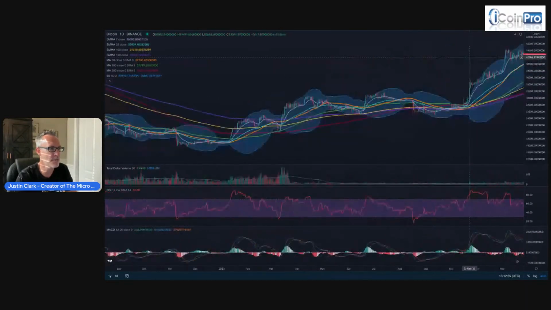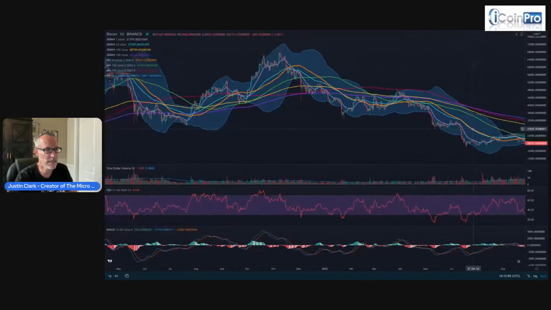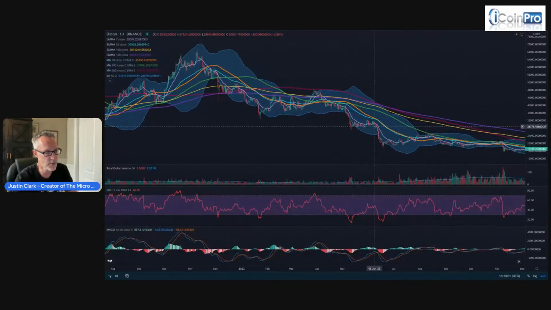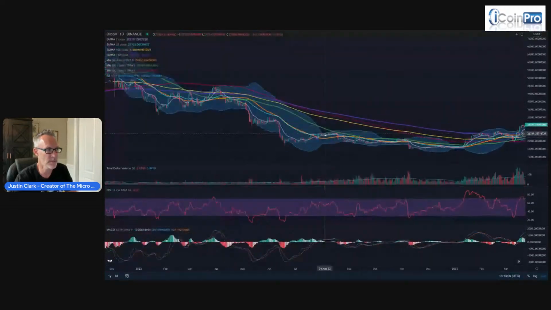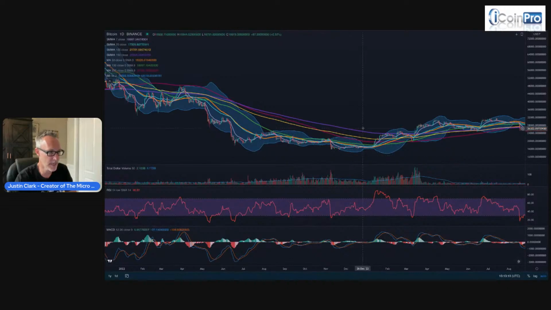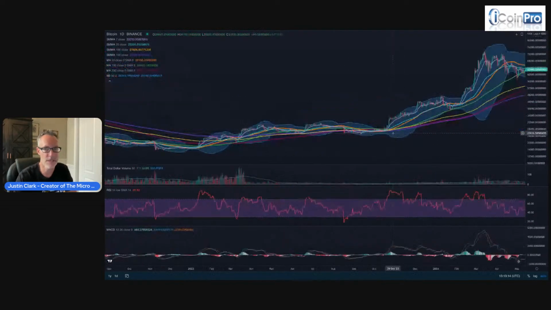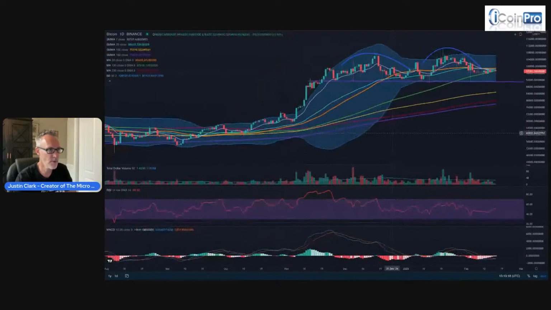On the flip side, when we start to trade below all of these moving averages, in particular, getting stuck below that light purple one right here, that means we're potentially building bearish momentum and in a bear market, and almost definitely not in a bull market. And we have to reconquer all of those, process out the fear and the sellers and everything to get back to the bullish market. Now, where are we right now?